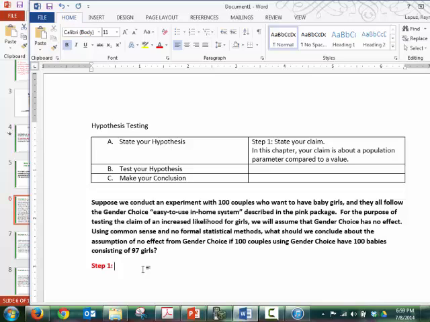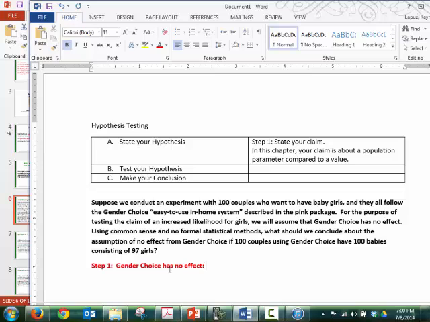That it has no effect? Okay, so when you say that it has no effect, what does that mean on the statistics side? I want to pick a population parameter that focuses on this statement that gender choice has no effect.